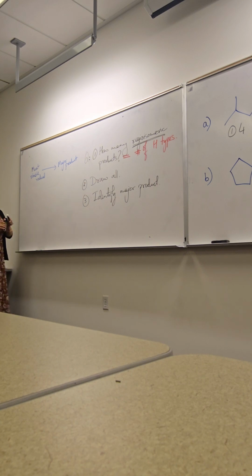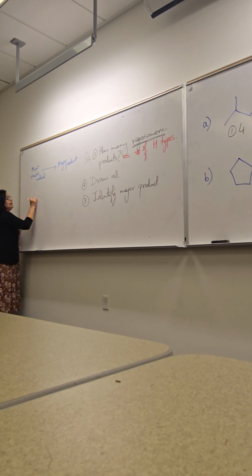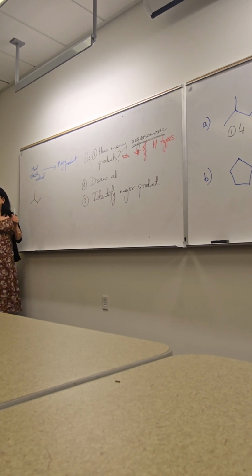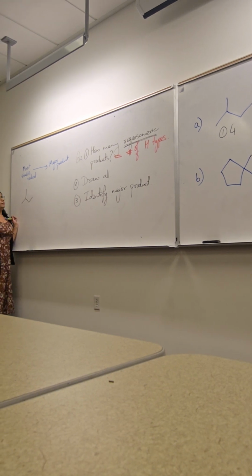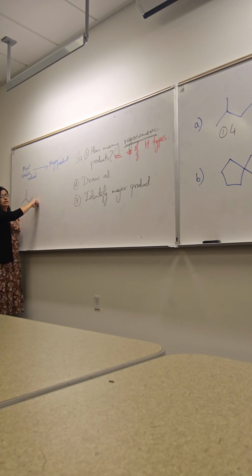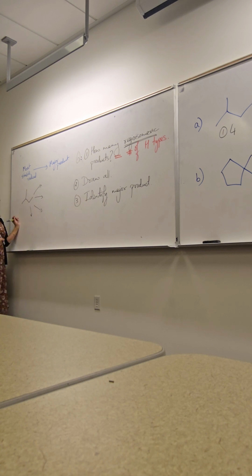Can someone tell me, if this is the parent alkane, how many radicals is it capable of producing? 4. Because there are 4 different hydrogens. Isn't that right? If this hydrogen were taken in the mechanism, and again, you've got to be able to write mechanisms, guys, and that comes with practice, so you've got to write it over and over again.